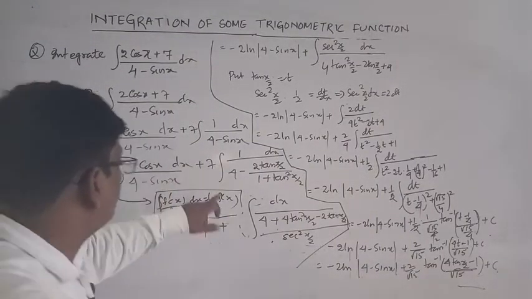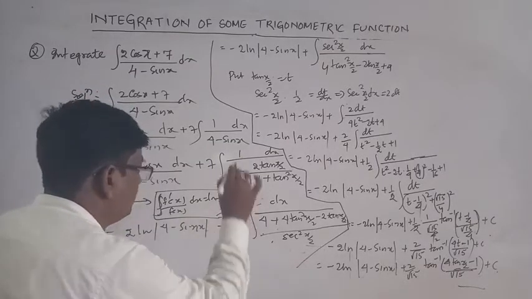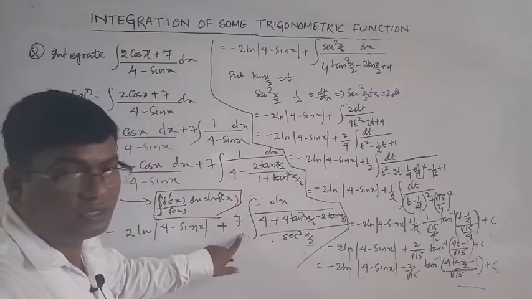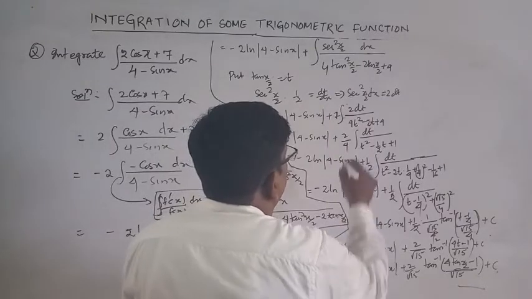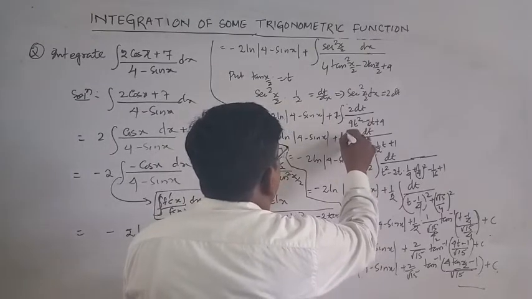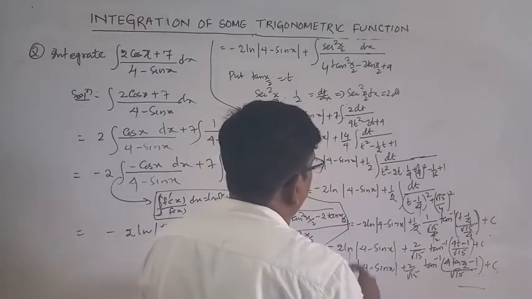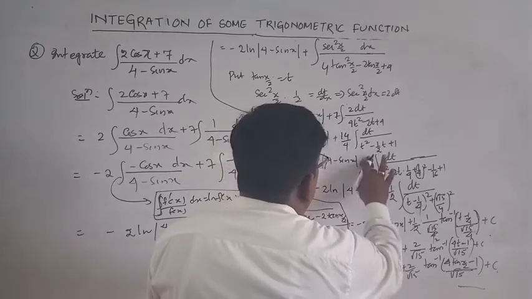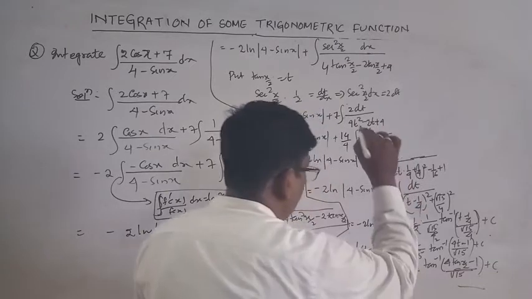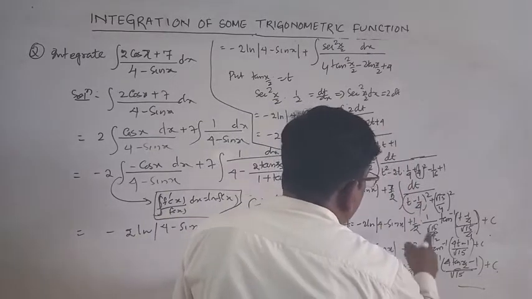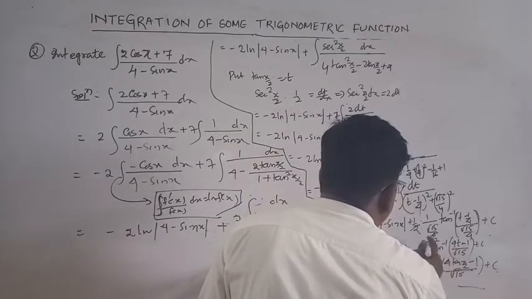Here 7 is left, so write 7 here, and this is also 7. This is 14, and this is 7 by 2, and this is 7 by 2, and 2 here, and this is 14.